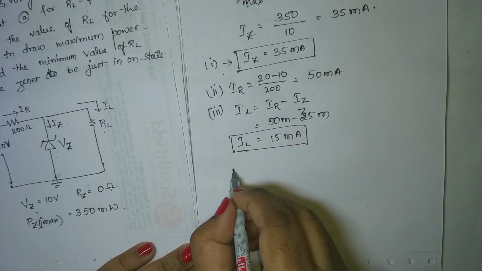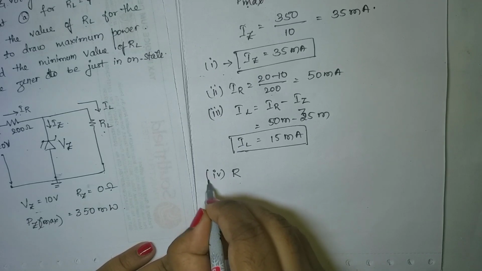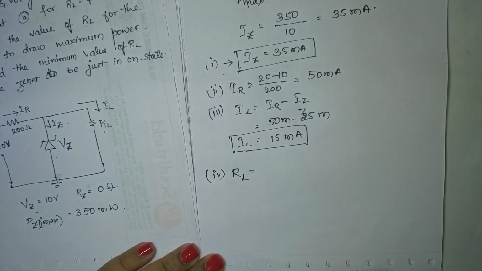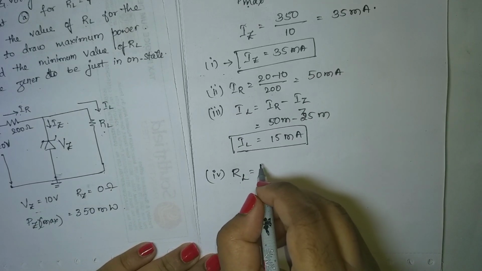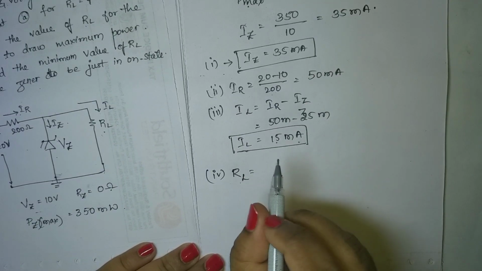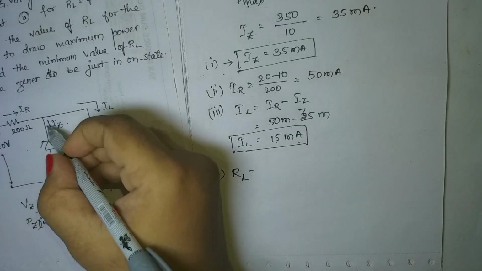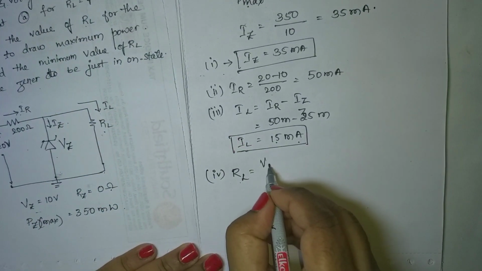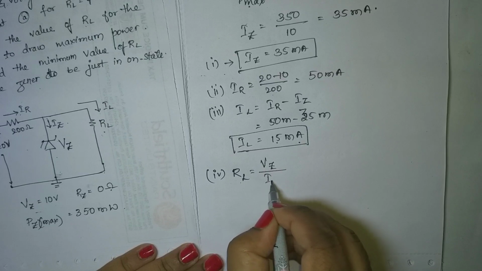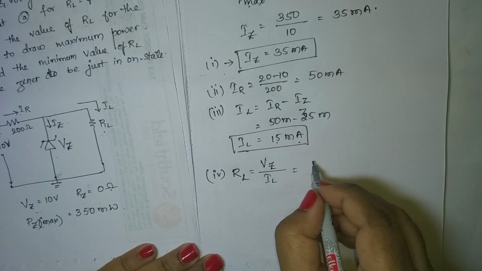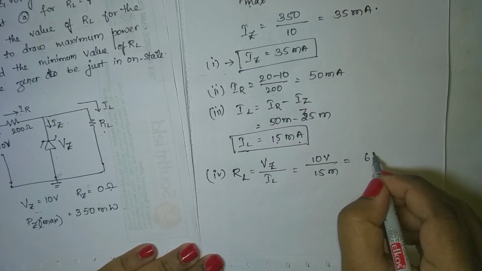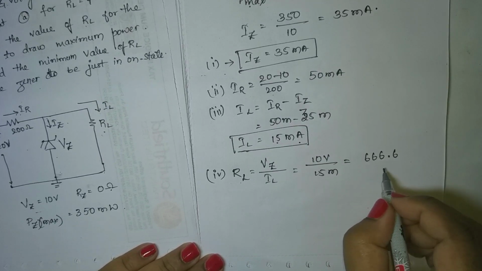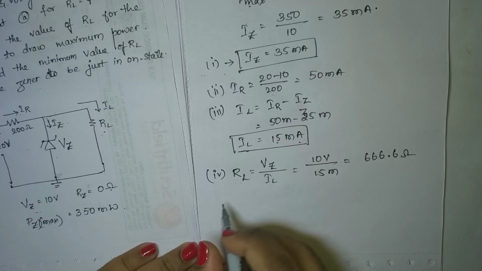If IL is equal to 15 milliamps, what is the value of RL? This is the final value I need. RL is equal to the voltage drop across RL, which is VZ, divided by the current flowing in it, IL. VZ is 10 volts divided by 15 milli, which is equal to 666.6 ohm.